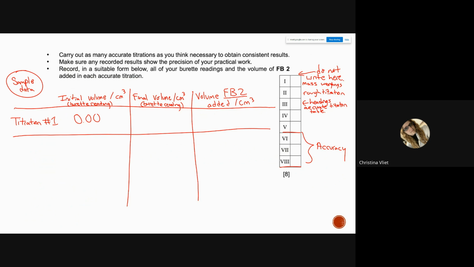One of those two ways. But you have to write the correct unit, which is centimeters cubed. Final volume, I'm just going to give you some sample data, 24.35. What would your volume of FB2 added be here? 24.35 minus 0 is 24 point.